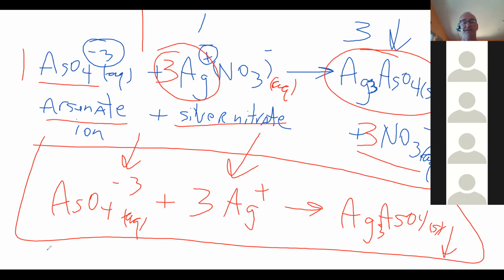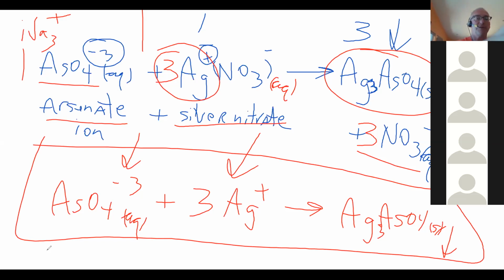Like for instance, the arsenate ion is probably there in the presence of sodium or something like that. It's probably sodium arsenate. But as soon as that goes into solution, the sodium becomes ionic and sort of floats away.